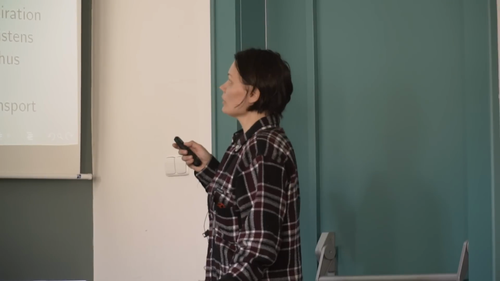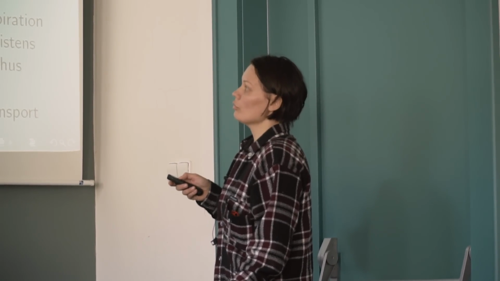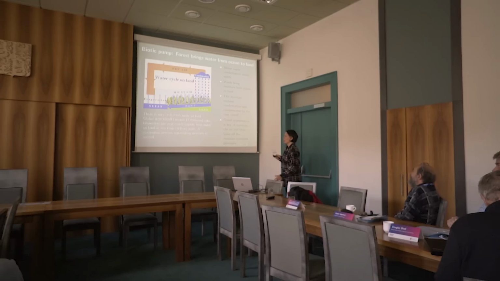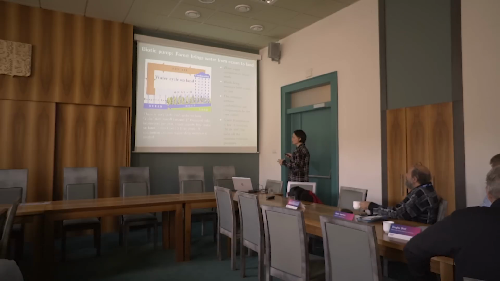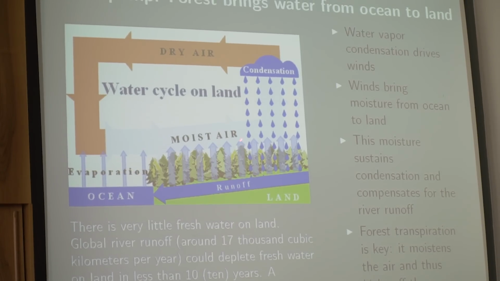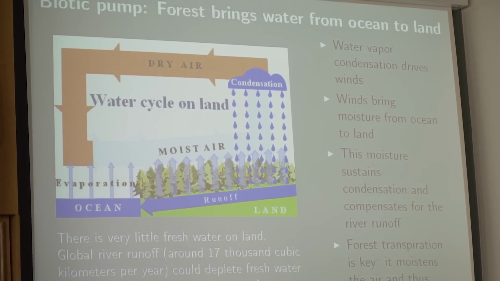Then we have condensation and rainfall, and dry air returns to over the ocean in the upper atmosphere. So the ultimate source of moisture is evaporation from the ocean, and this water cycle is enhanced in terms of rainfall by transpiration from plants and evaporation from the land surface.